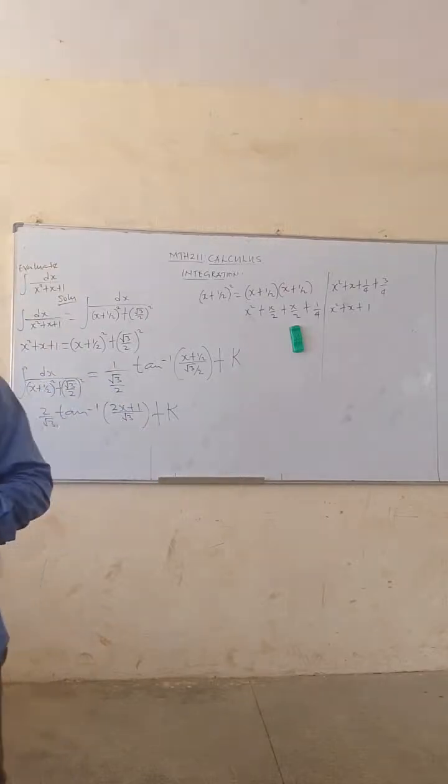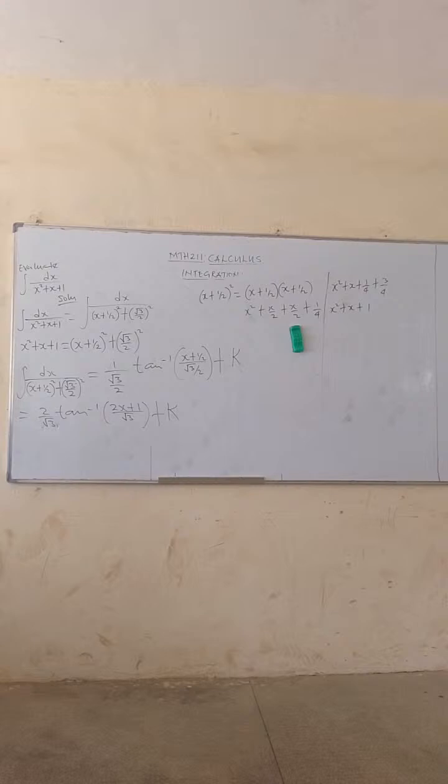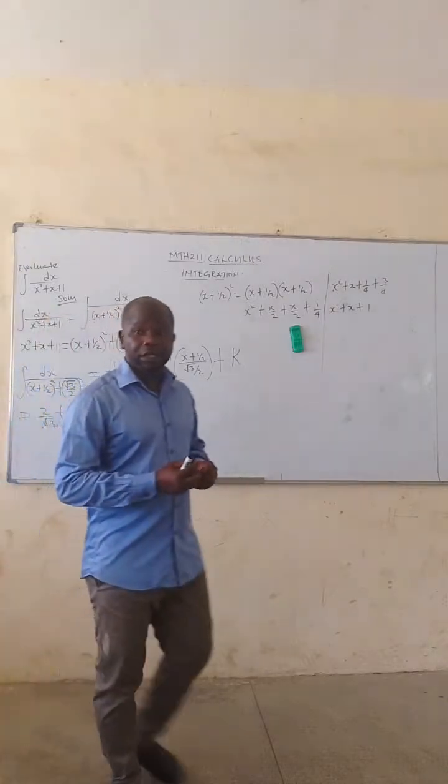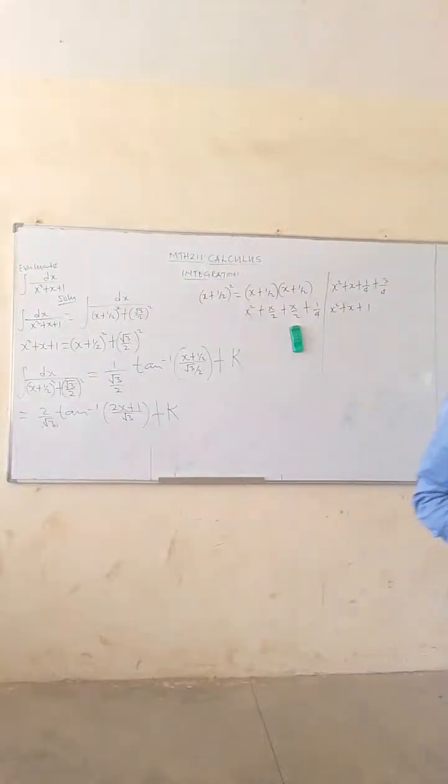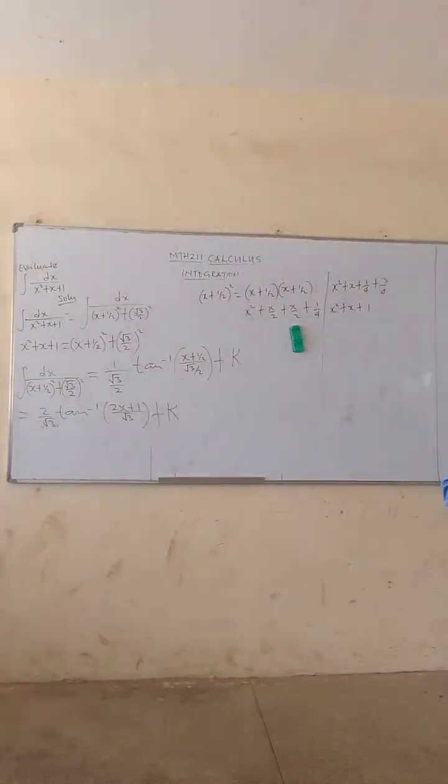I thought that from the question, (x + 1)/2 which power 2 must be equal. So I thought the first one should be from the special integration. You state 1 over a tan inverse. What do I say?